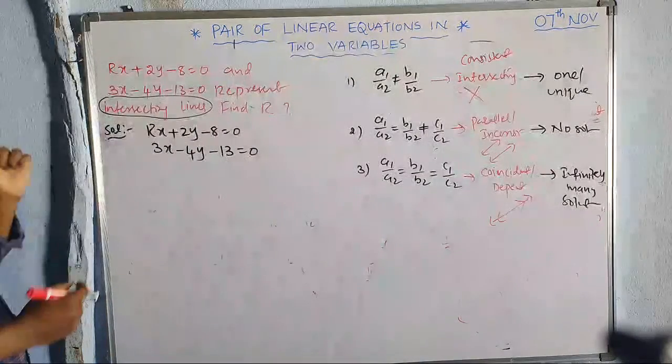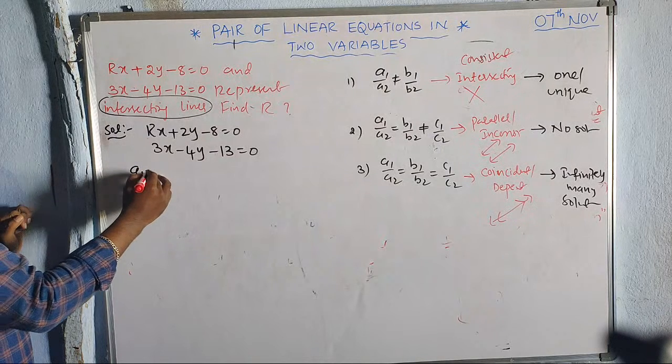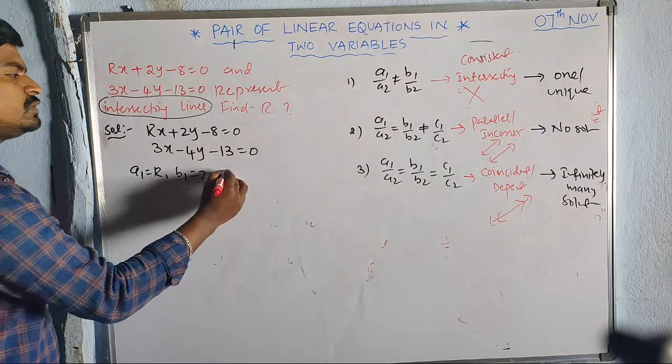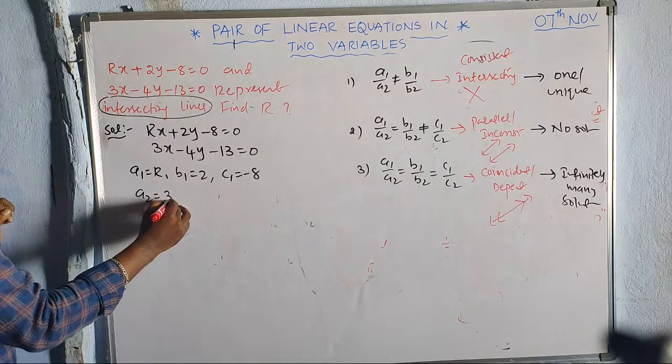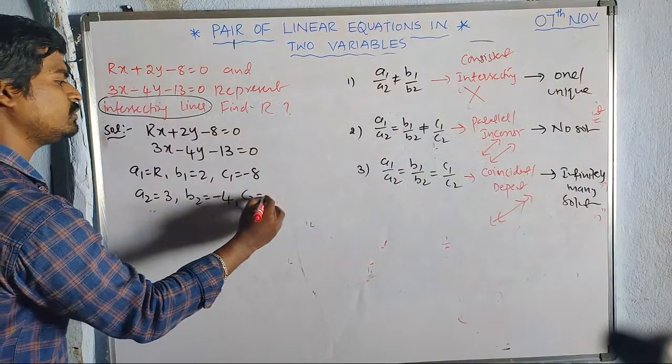Before that we write the comparison of ratios. Directly I am writing here: a1 is r, b1 is 2, c1 is minus 8, and a2 is 3, b2 is minus 4, c2 is minus 13.